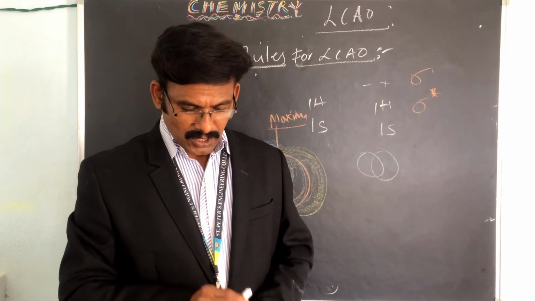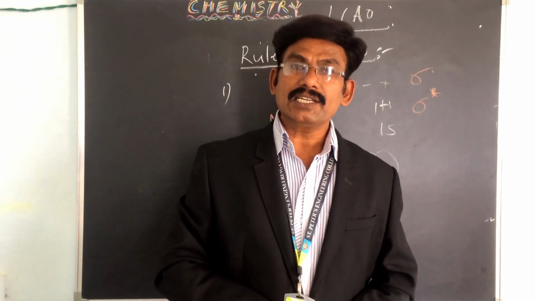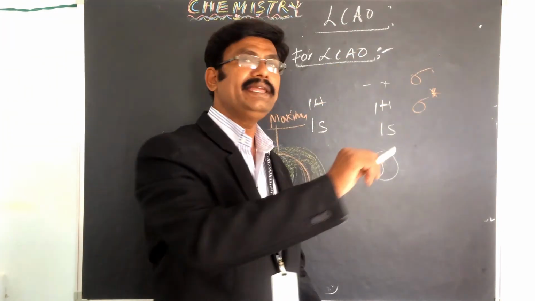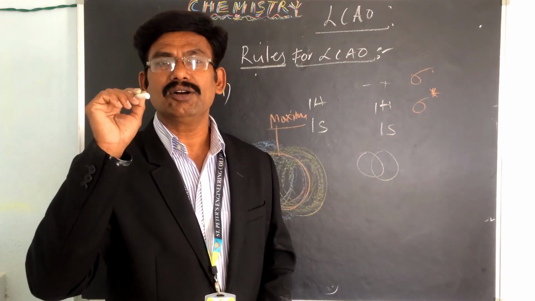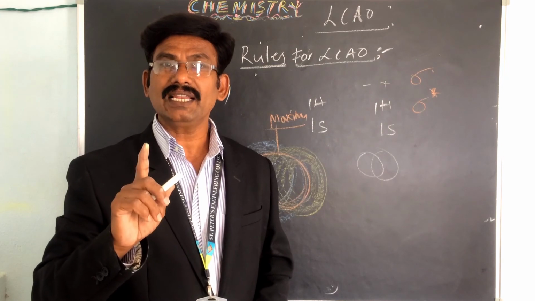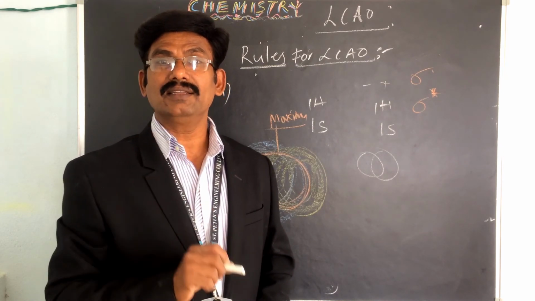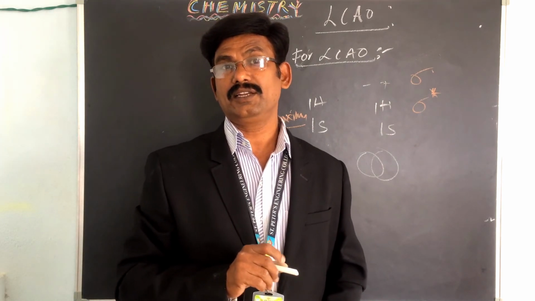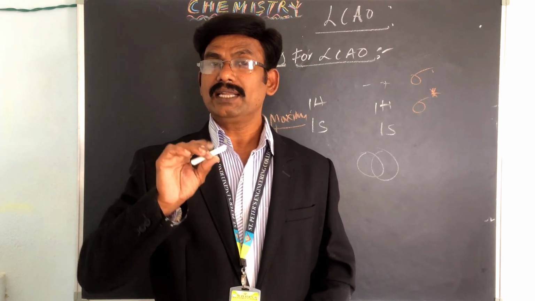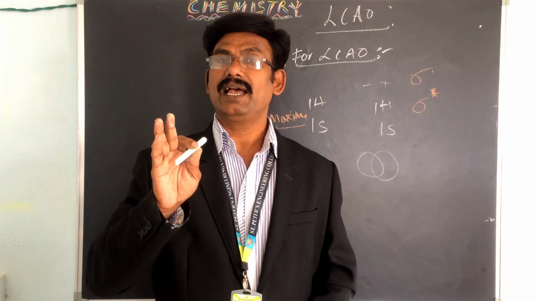Okay, so what have we discussed today? LCAO, linear combination of atomic orbitals. First we have seen the Heisenberg uncertainty principle, in that no two electrons. And then I have given some examples.